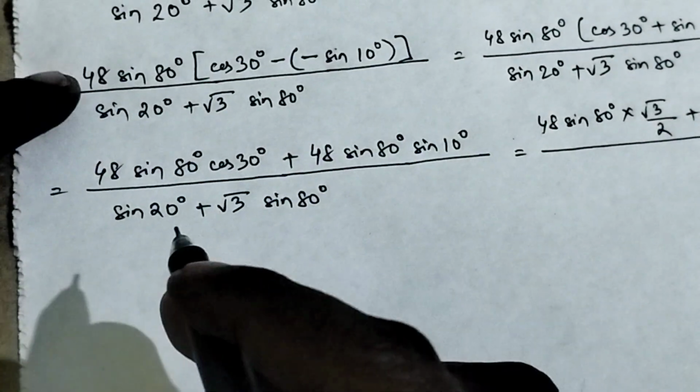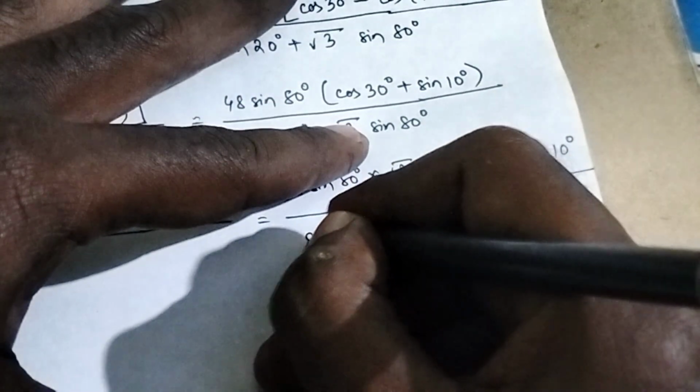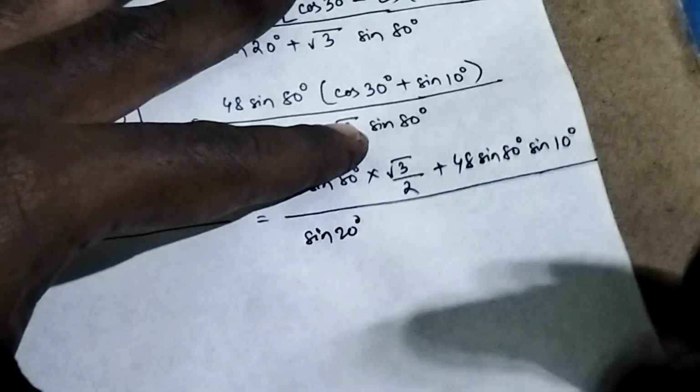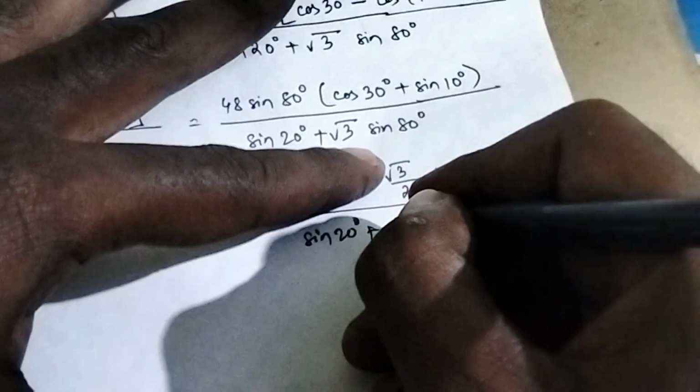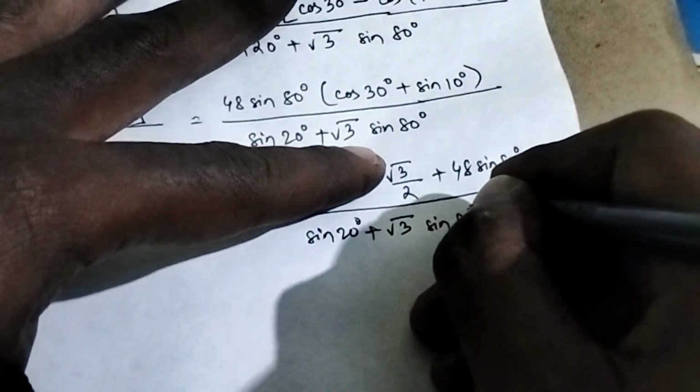And in the denominator we have sin 20° plus root 3 sin 80°.